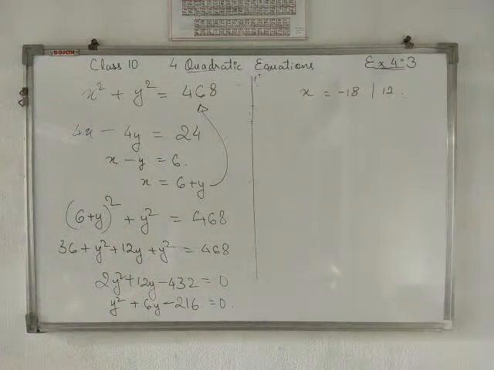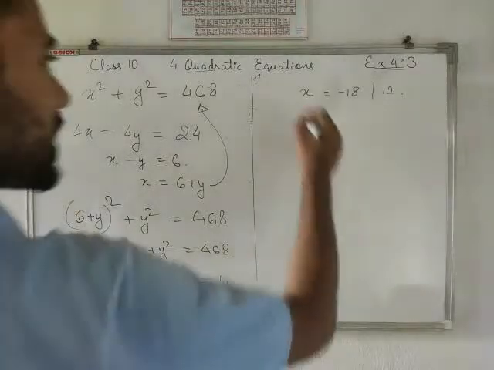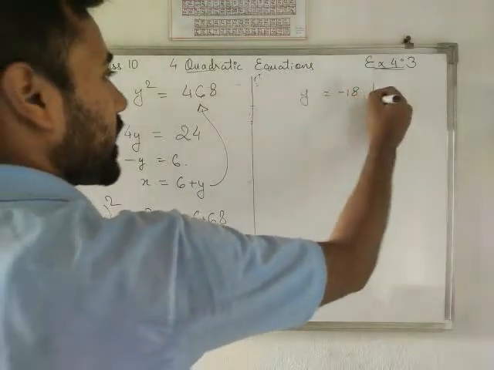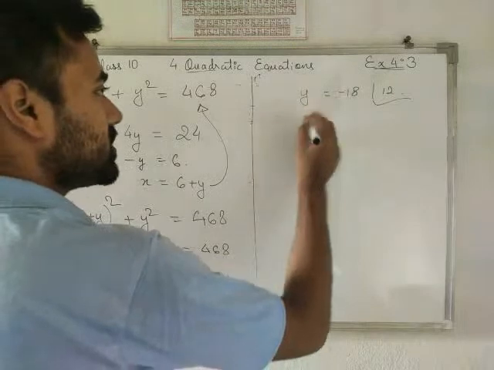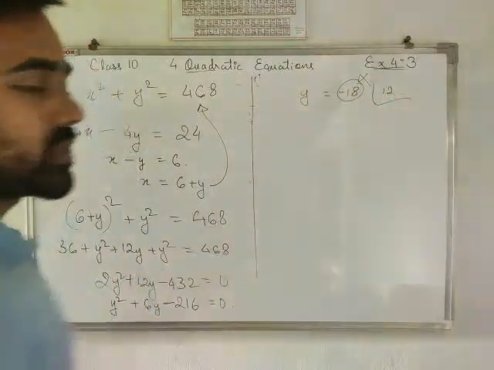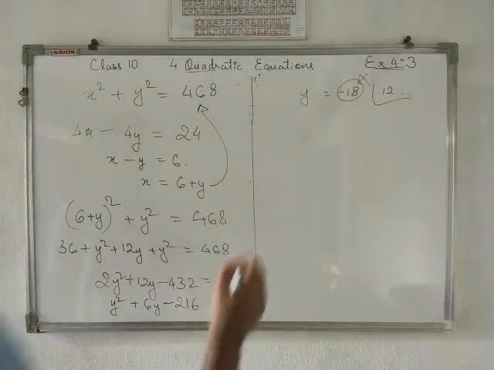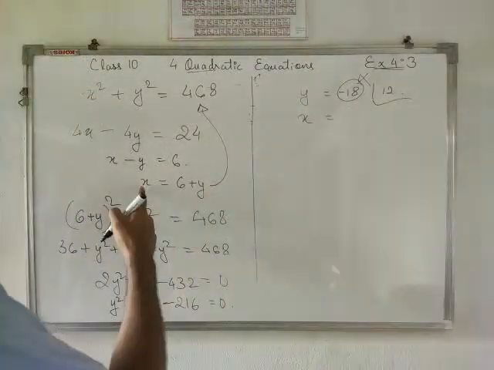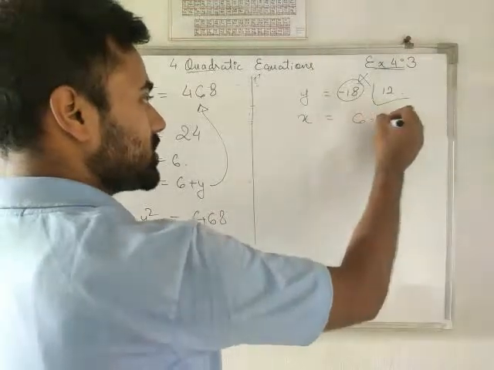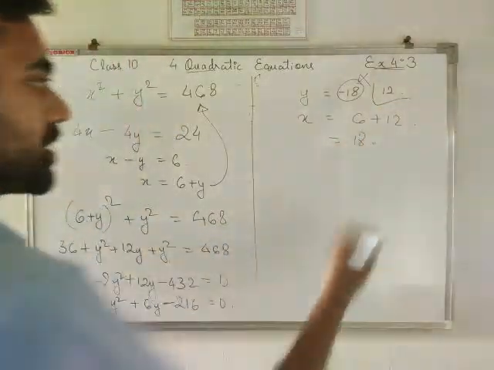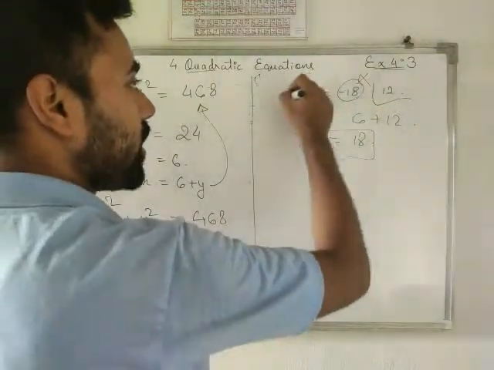Yes, so these are the two answers. X nahi hai, y निकालना है. If y is this much, obviously the negative one will be eliminated because we are finding the sides of the square, right? So x will be how much? X will be 6 plus 12, that is 18. So x will be 18 and y will be 12.